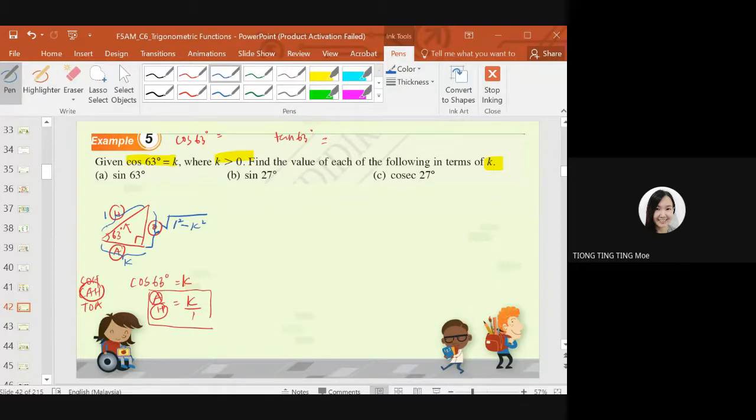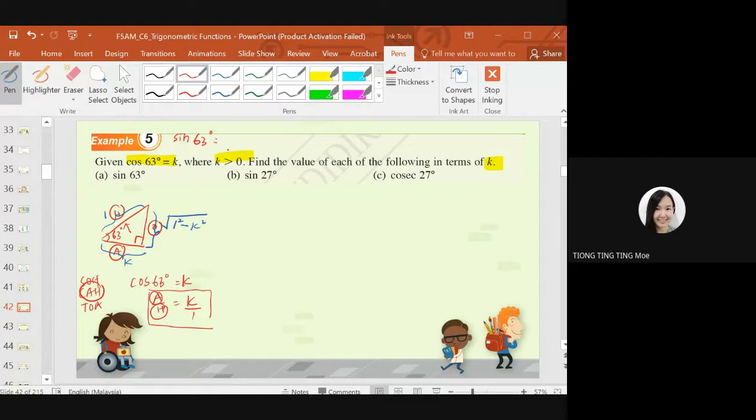Okay, now we have H, A, O already. All have values. So your cos we already have. We have to find sin. What is your sin and what is your tangent now? We find first. What is your sin? 63 degree now.